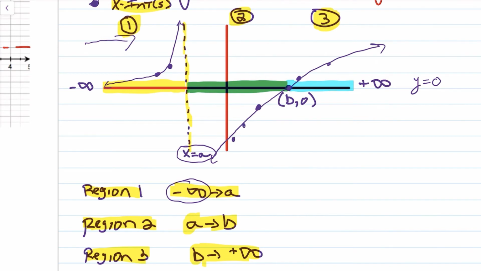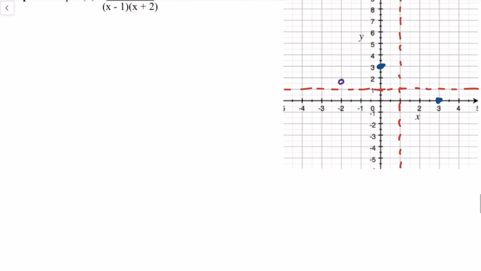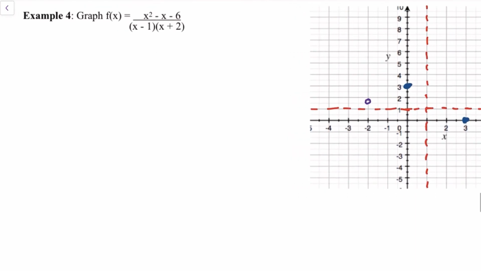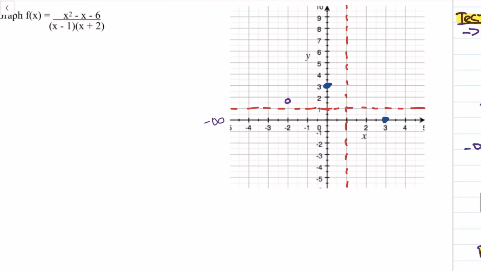So now what we're going to do is we're going to do this for real with our actual example. So our first test region that we're going to create is, now if we examine the x-axis, again, this here would be negative infinity, and if I just scroll over a little bit, we would have positive infinity over here. So let me highlight it a little bit better.